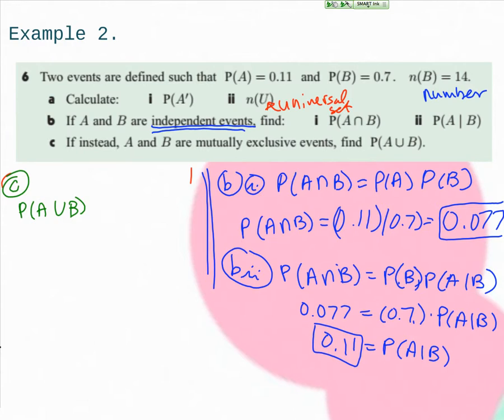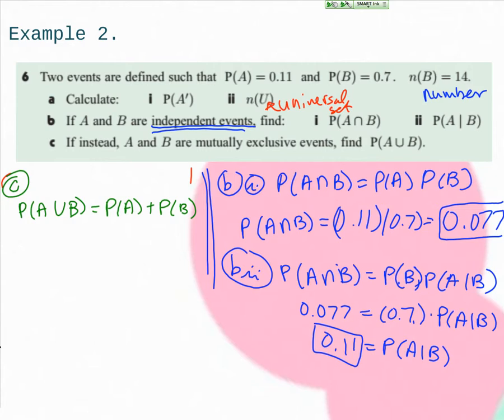The union, remember, is all of the parts, but there's no overlap, so we just have to add part A plus part B. Again, that formula is directly out of your packet. I'm not memorizing it.